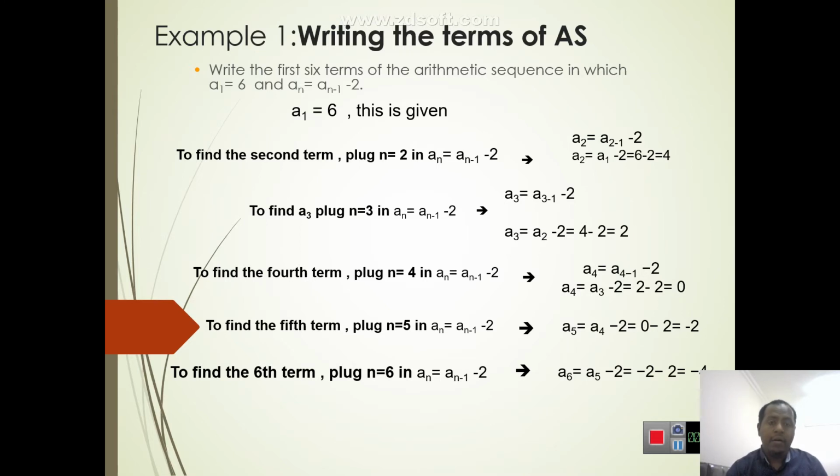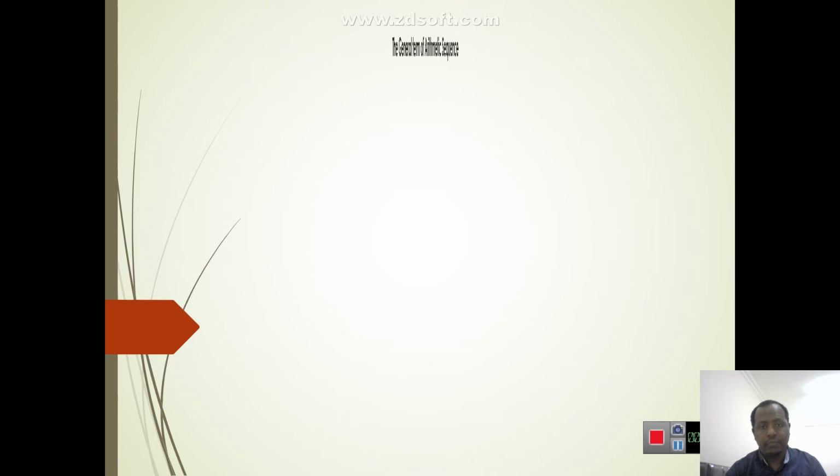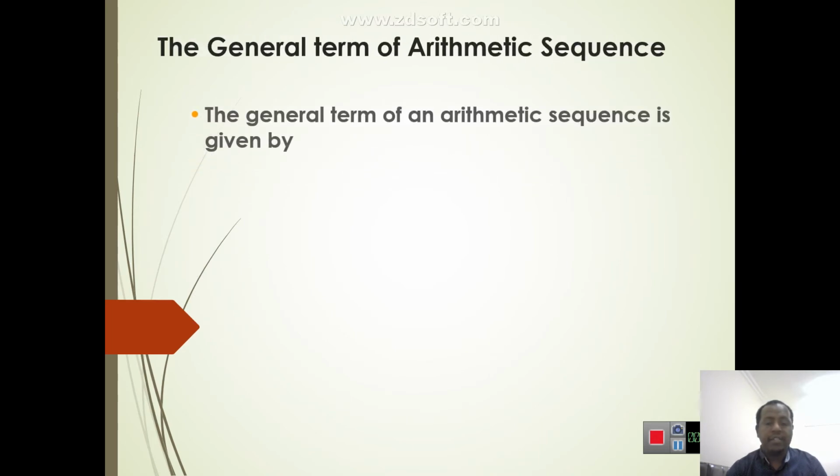Okay, now let's go to example 2. Before I proceed to example 2, I just want to say a few points about the general formula for an arithmetic sequence.